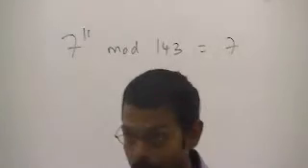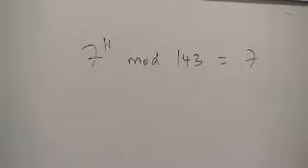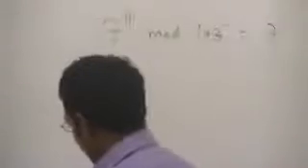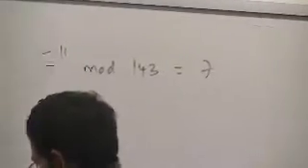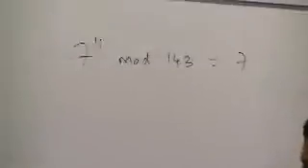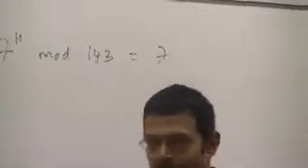So this is where you need to decide which of these things you will make use of. And that's why I wrote this 11 in binary. So 11 is what? 8, 2, 1, right? So 1, 0, 1, 1. So I need to use 7 raised to 8, then 7 raised to 2, 7 raised to 1.